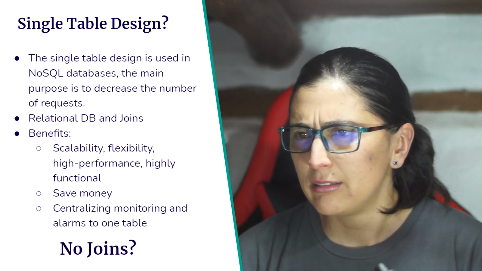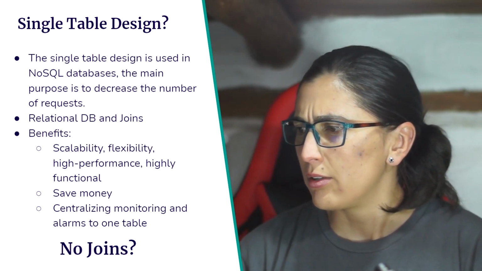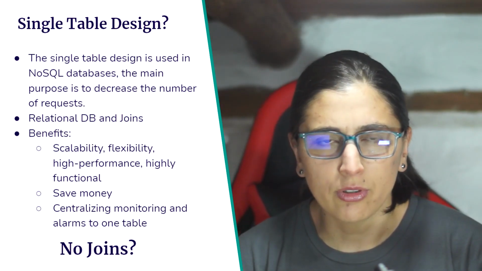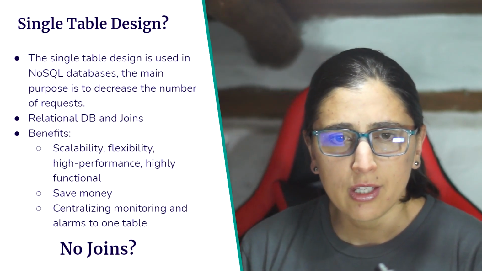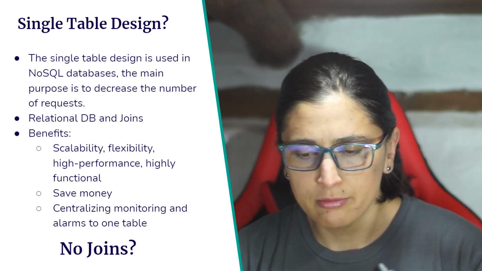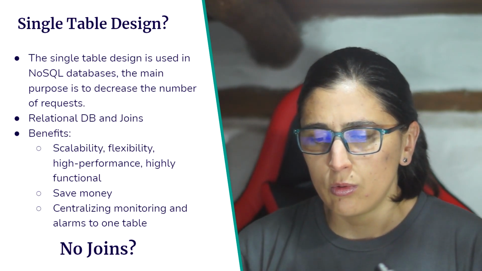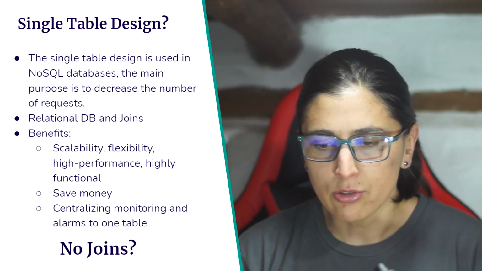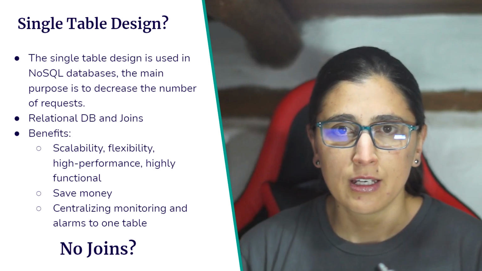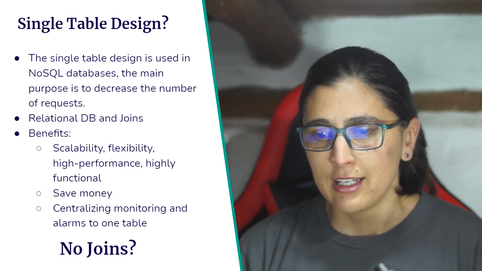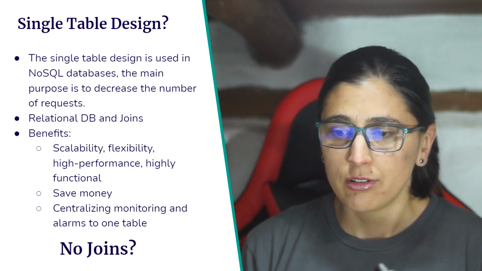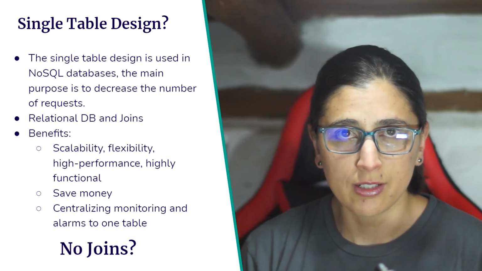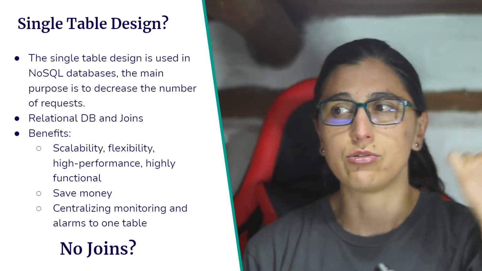Okay, so let's talk a bit more about the benefits. We're saying also that it saves us money. Why? Because if you think about it, when we used relational databases, we started using them because storage was really expensive. But now storage is really cheap, and we also have an enormous amount of data to store.